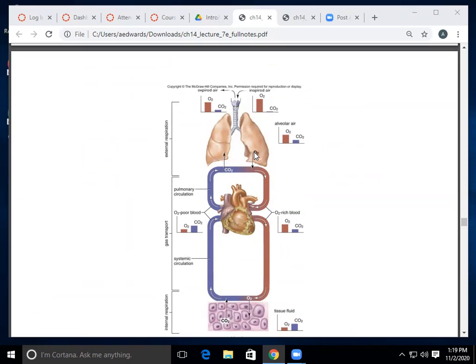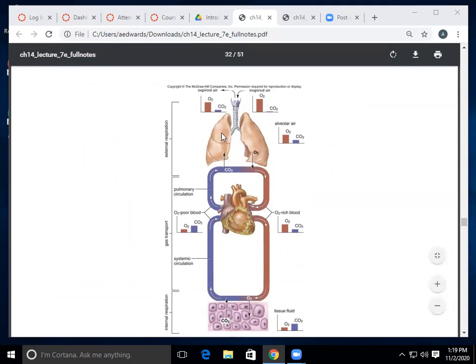Here again is a chart of your external respiration. PO2 in the alveoli is higher than it is in the blood.